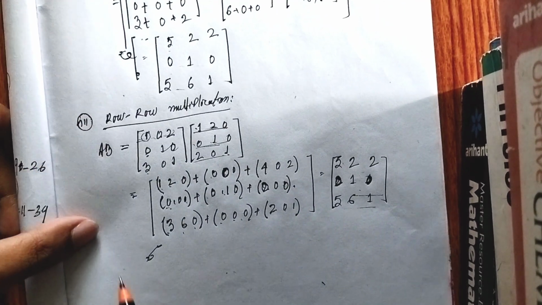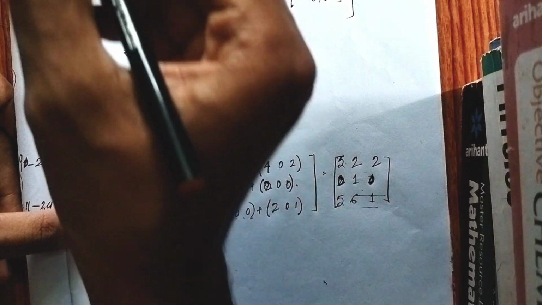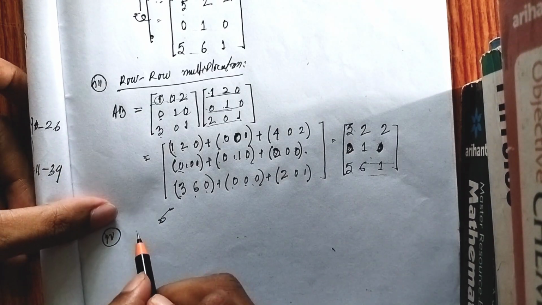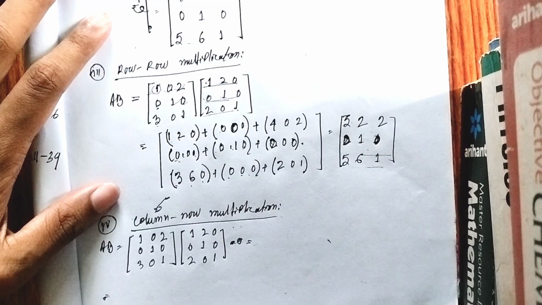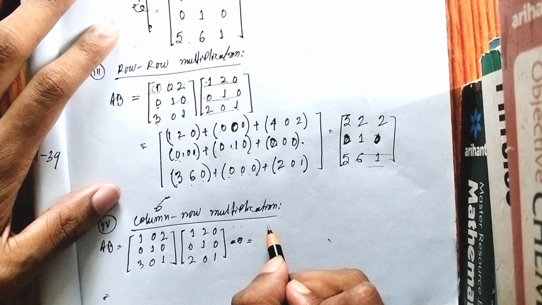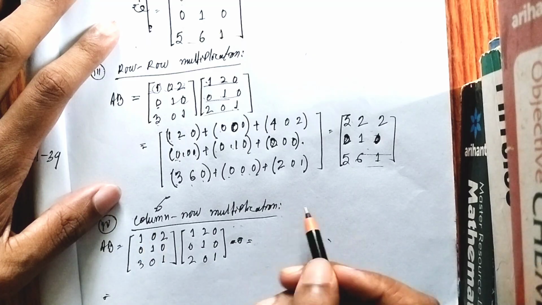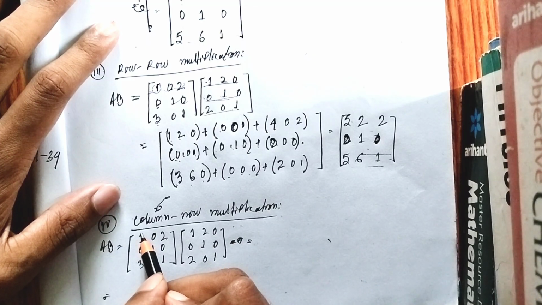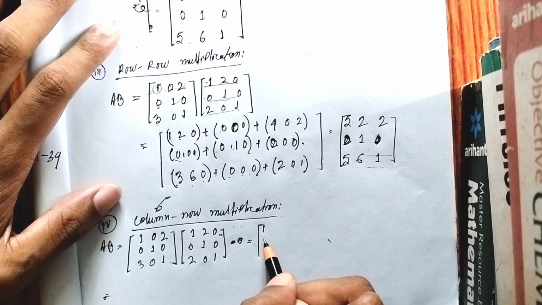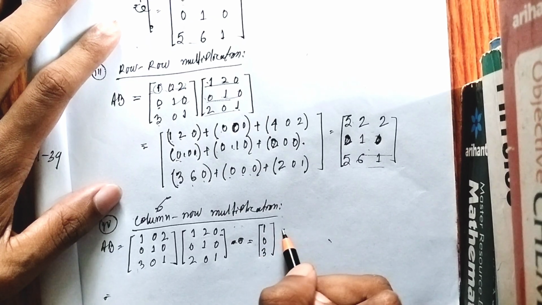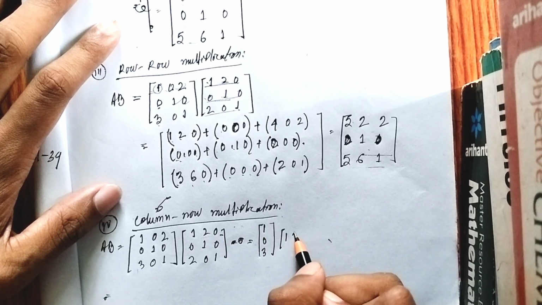Okay, now one last, and this is obvious, column row multiplication, just like the row column multiplication. What we will do is column row multiplication, that means column of this matrix, row of this matrix. Column of this, 1 0 3, multiplied by row of this, 1 2 0.